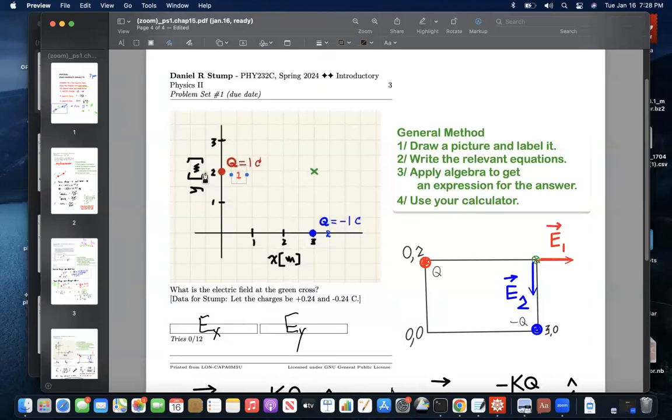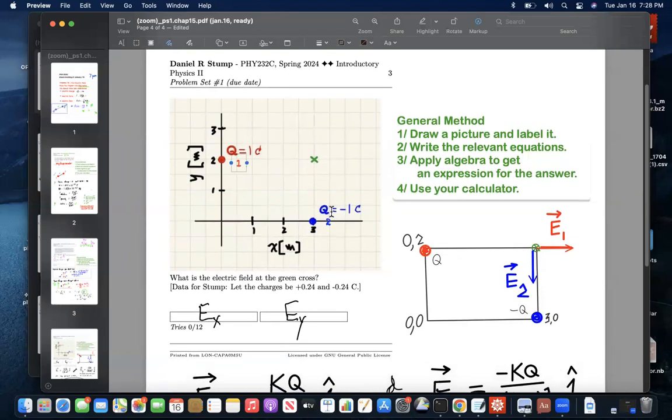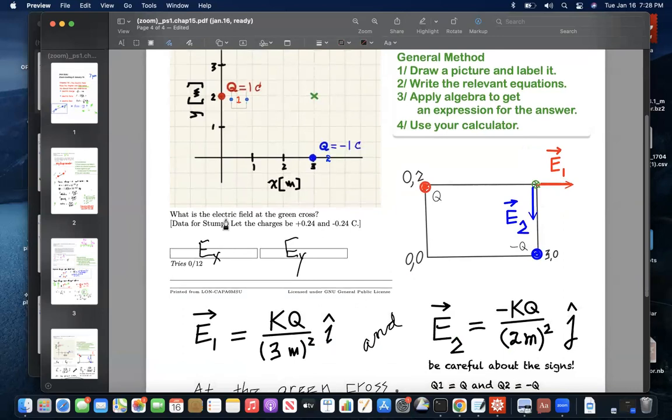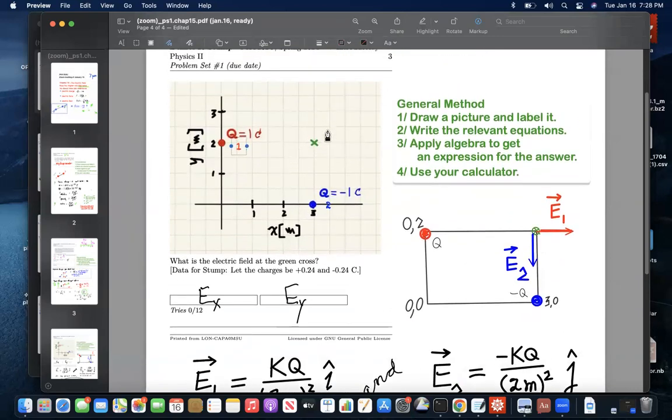The picture is a little bit misleading because the picture here says Q is 1 coulomb, and here it says Q is minus 1 coulomb. Well, you can't have the same thing equal to two different things. So I really should say this is Q1, this is Q2. And now the question is, what's the electric field at the green cross?